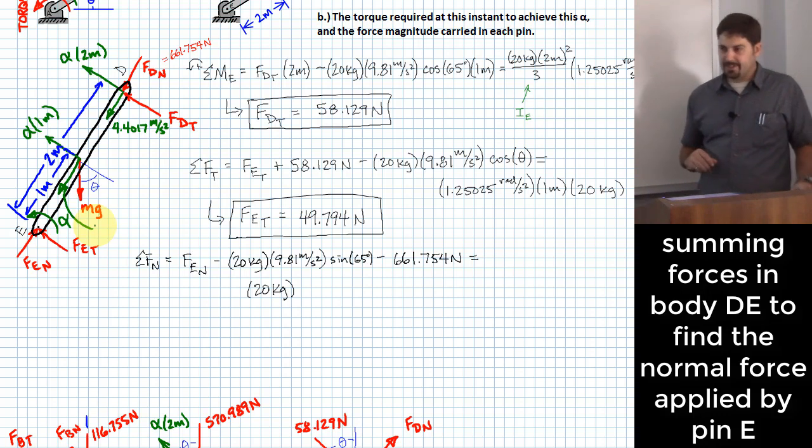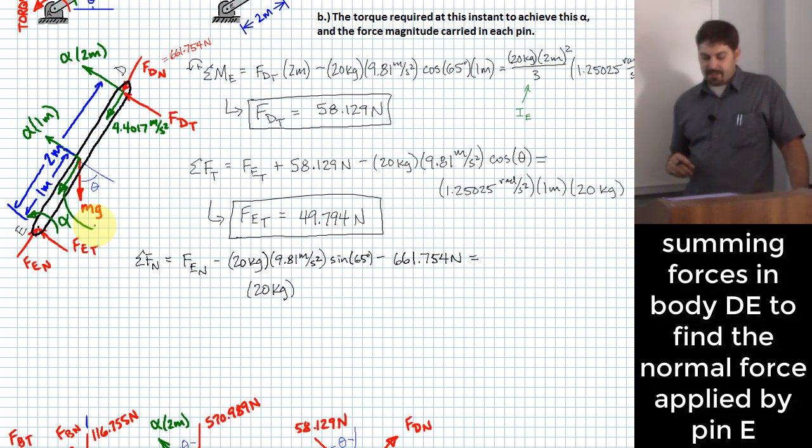Well, it's going to be centripetal acceleration. It is omega squared r. What r would I use? It's rotating around point E, right? It's a fixed axis rotation around point E, which means the radius to it is going to be 1 meter.